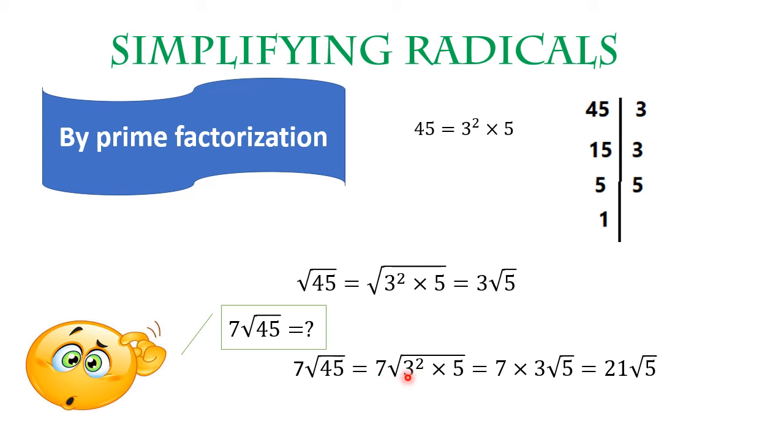I just write the prime factorization of 45 under the radical, and I work normally as I worked above. But when I move this 3 outside of the radical and there is already a number there, what should I do? I multiply these two numbers together. The number that comes out of the radical is multiplied by the number that already exists outside, so 7 times 3 is 21 radical 5.